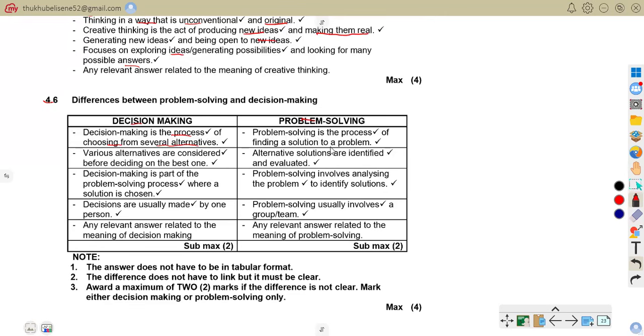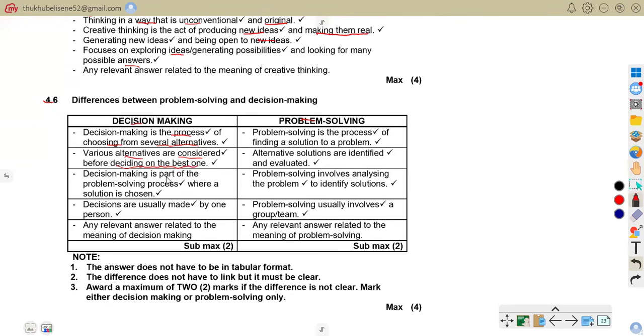But problem solving is the process of finding a solution to a problem, whereby a group of people can come up with different ideas that can solve the problem. In decision-making, various alternatives are considered before deciding on the best one.